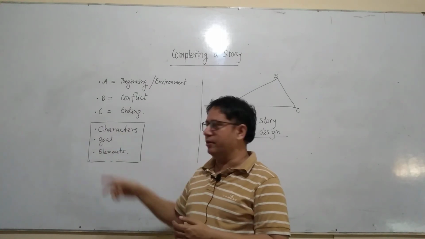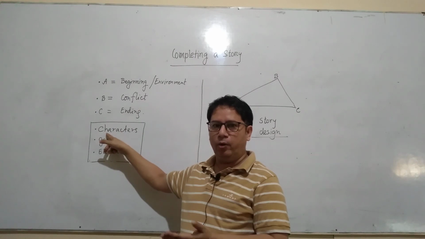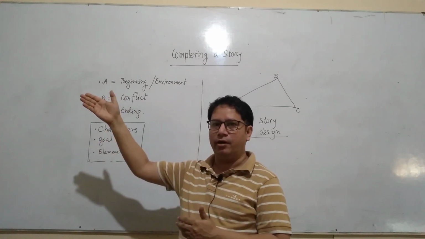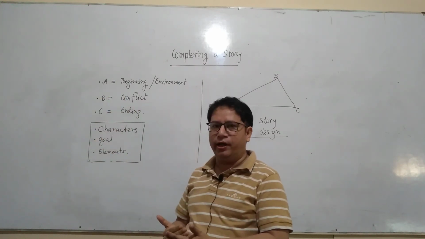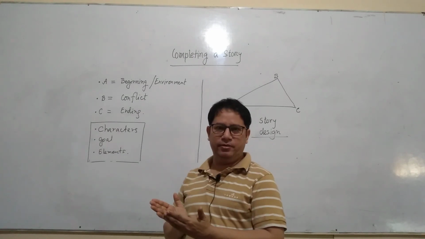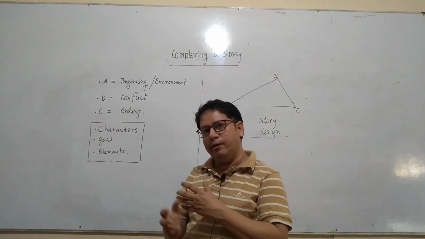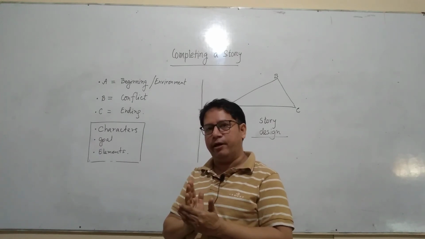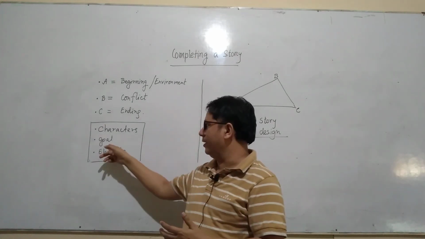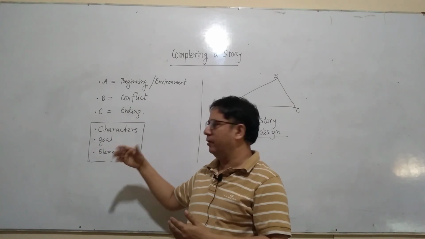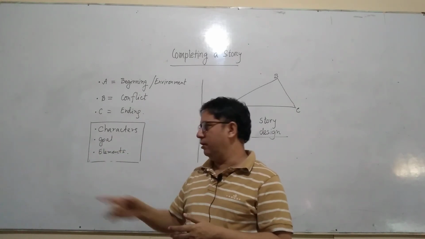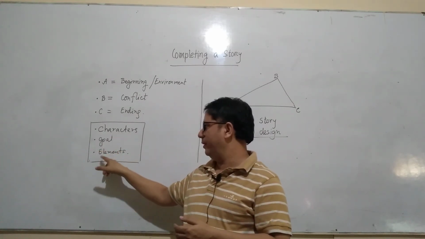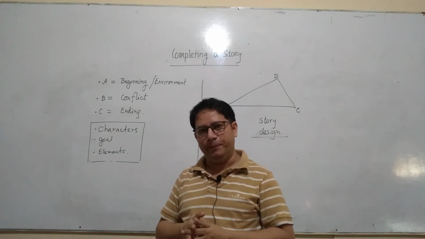So at this point, the main character wants to reach the target, but in the meantime, a problem arises. So the story becomes a story when the main character overcomes the problems, then he or she reaches the goal.